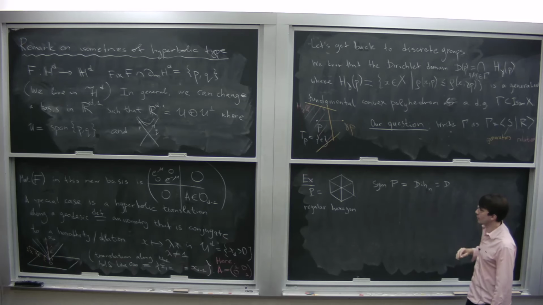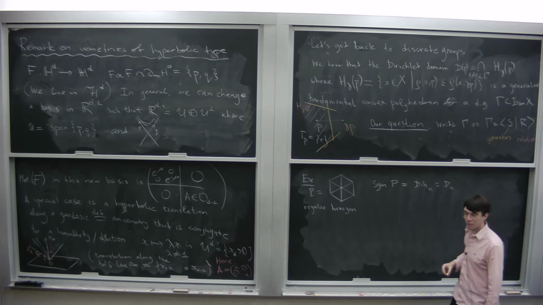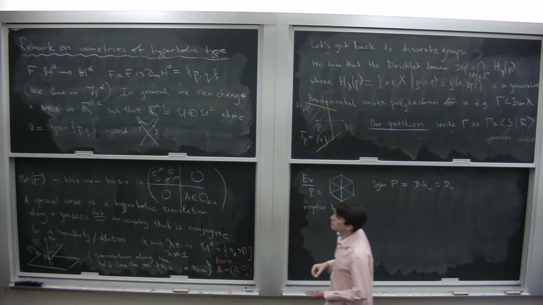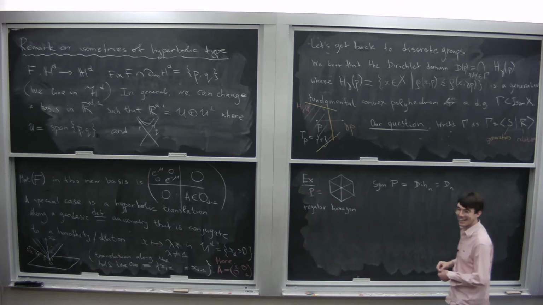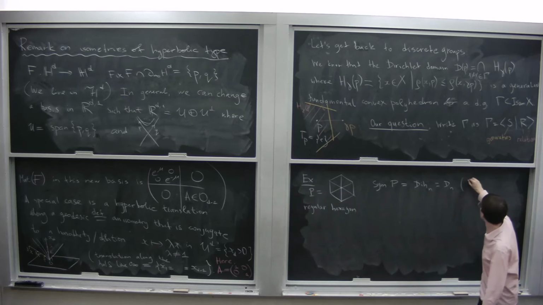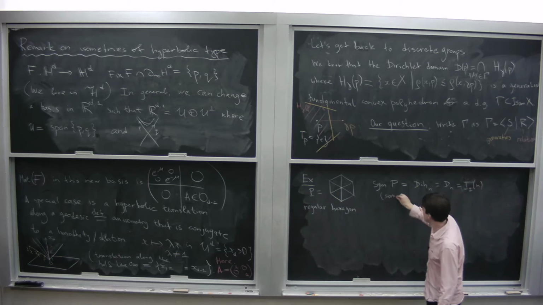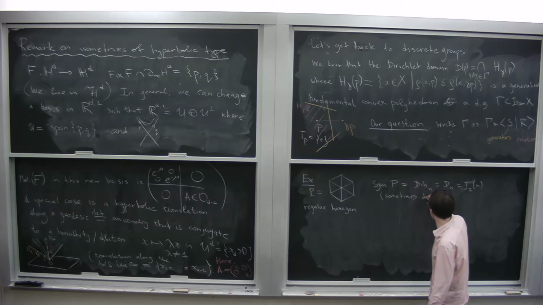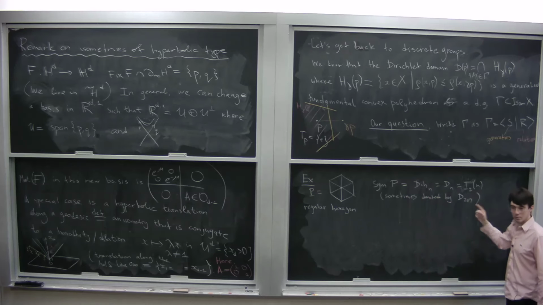Or I2 of n, it also appears in the classification of Coxeter diagrams. Yes, it's I2 of n, and sometimes denoted as D2n, so please be careful.